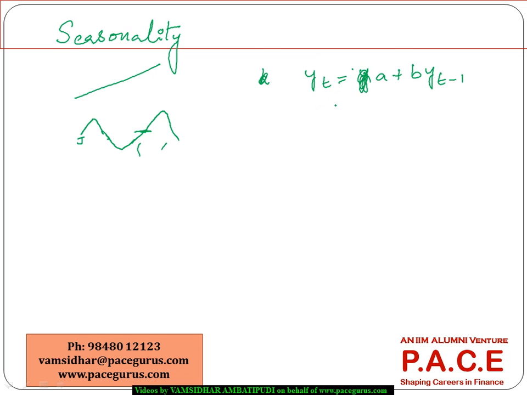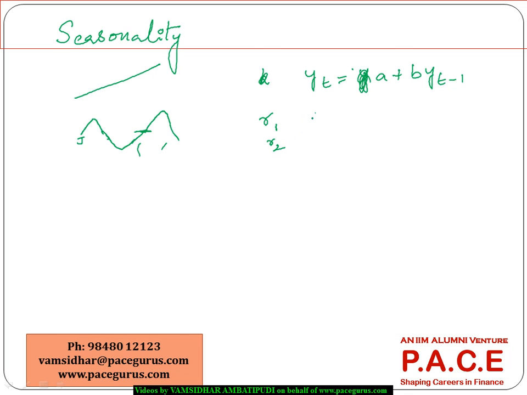You start with that particular model, then take the residuals and find the correlation of the residuals with a lag of 1 or lag of 2.